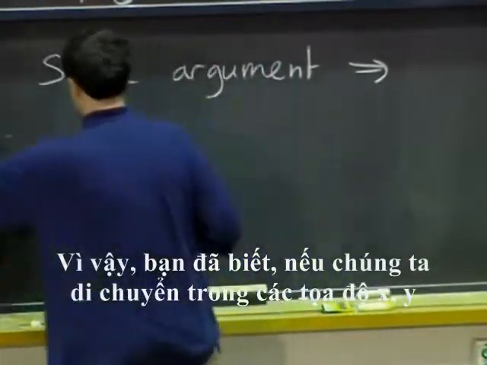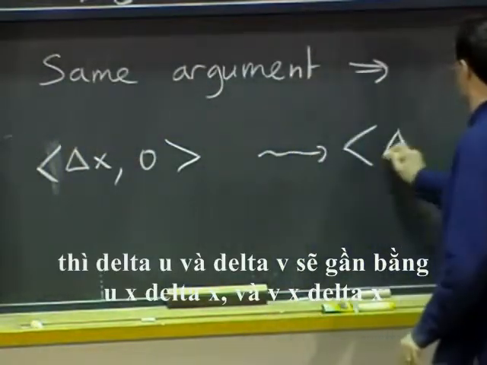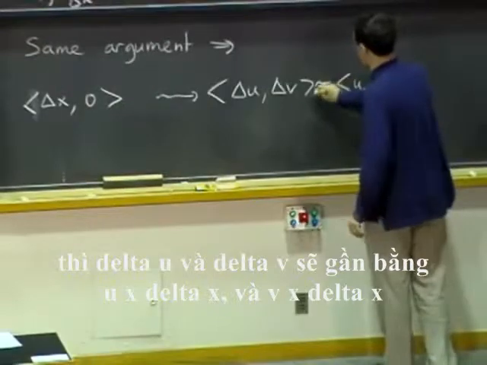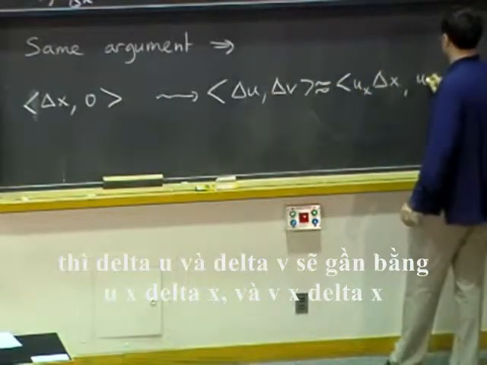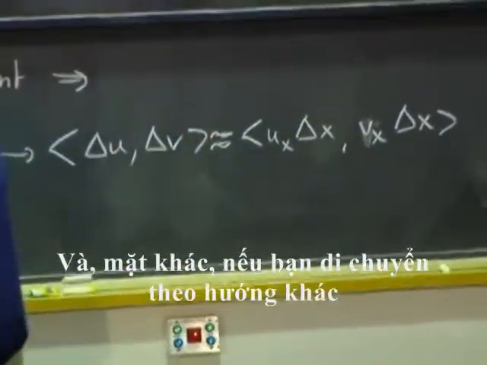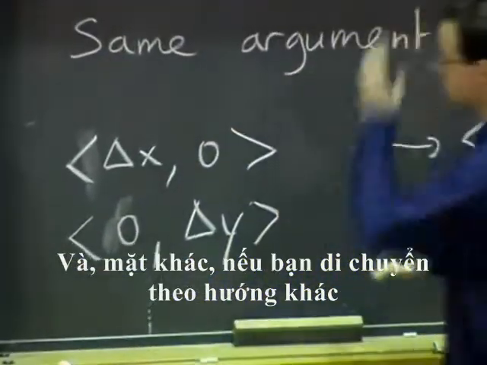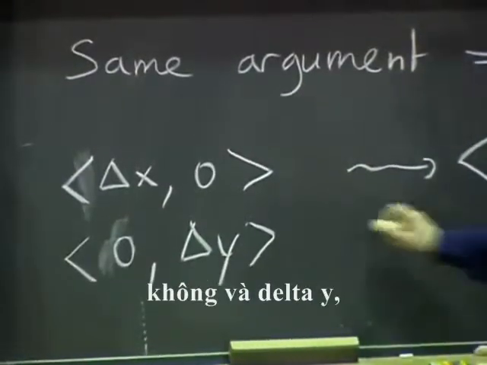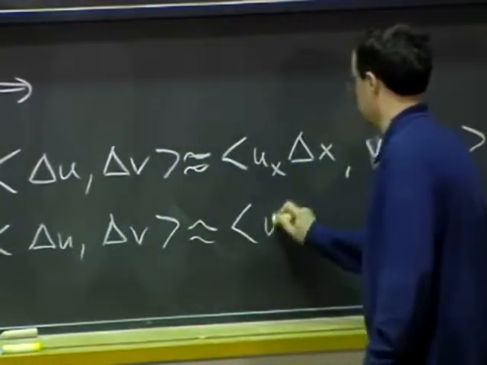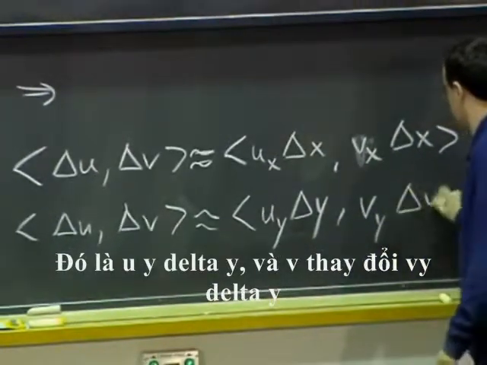So if we move in the xy coordinates by delta x and 0, then delta u and delta v will be approximately u sub x delta x and v sub x delta x. On the other hand, if you move in the other direction, along the other side of your rectangle, 0 and delta y, then the change in u and the change in v will correspond to, well, how does u change? That's u sub y delta y, and v changes by v sub y delta y.